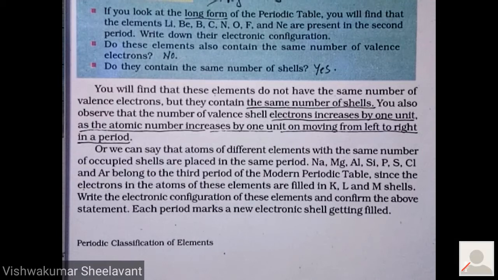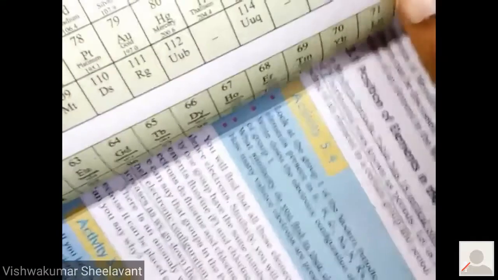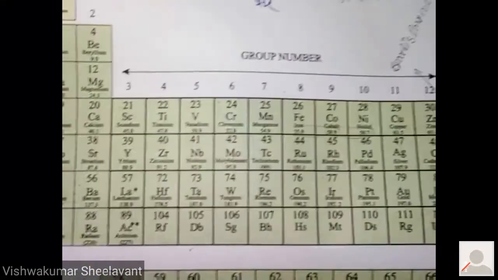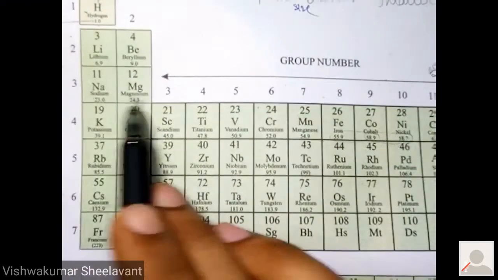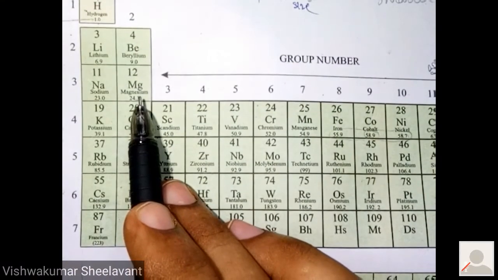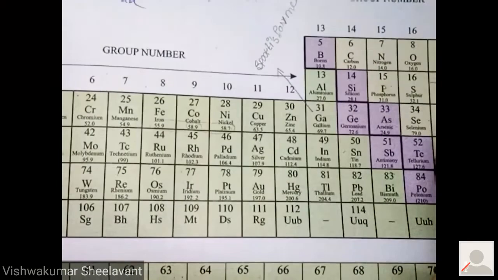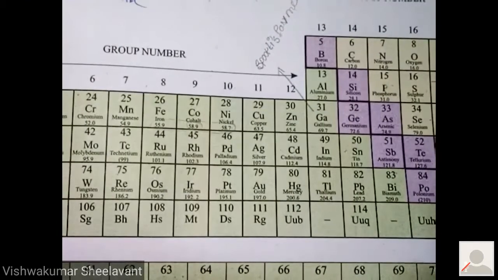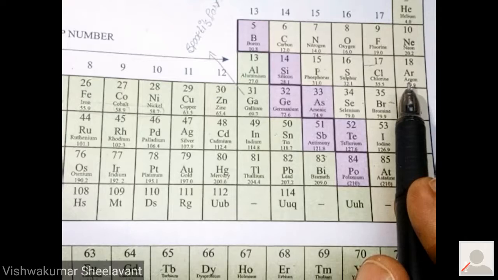You can see these in the third period here: sodium, magnesium, aluminum, silicon, phosphorus, sulfur, chlorine, argon. Is it right?